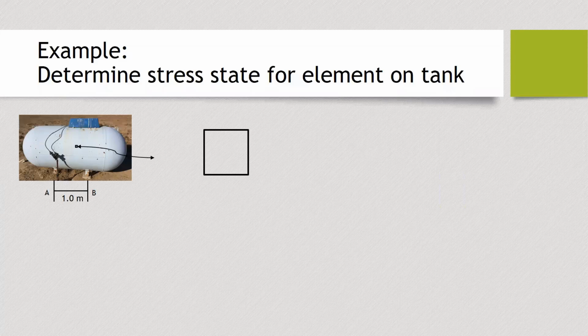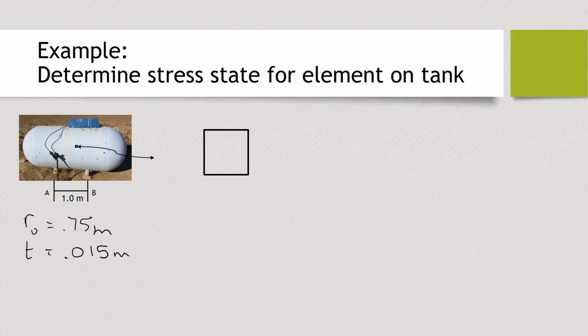The supports are 1 meter apart, supports labeled A and B. This cylindrical pressure vessel has an outer radius of 0.75 meters, and it has a thickness of 15 millimeters, so we'll call that 0.015 meters.